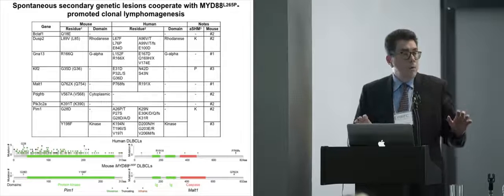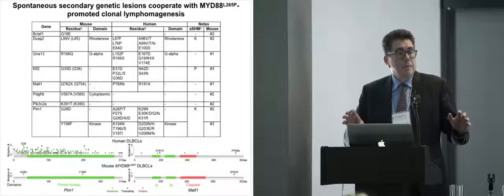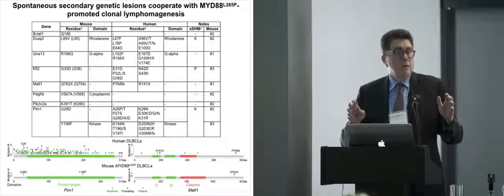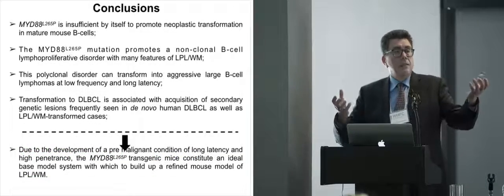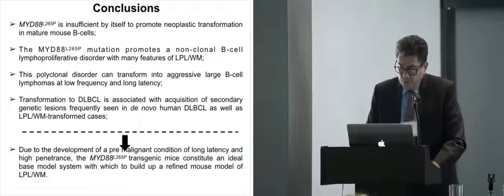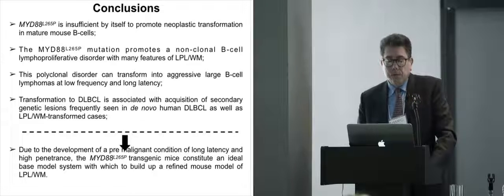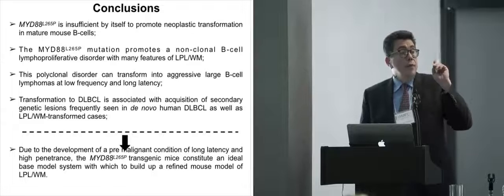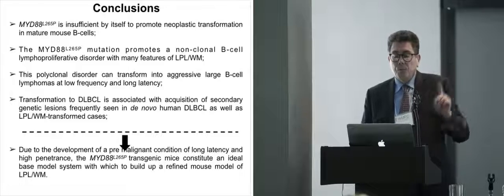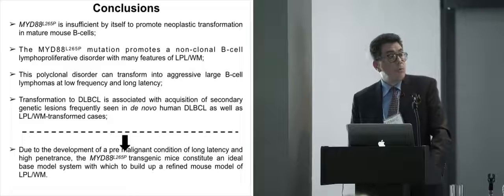Again, our mouse model resembles the human condition a lot. The only issue that we have is that the disease is not clonal. So my conclusion for this part of the talk is that MYD88, the mutant one, is insufficient by itself to promote neoplastic transformation in a mature mouse model.